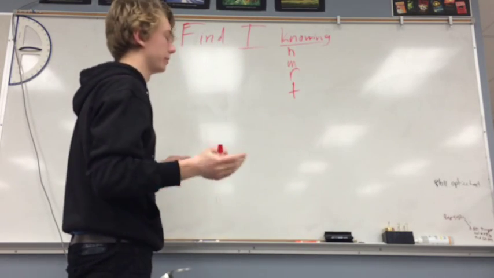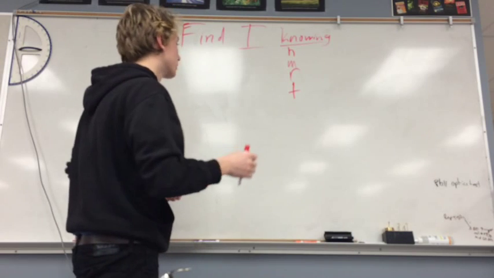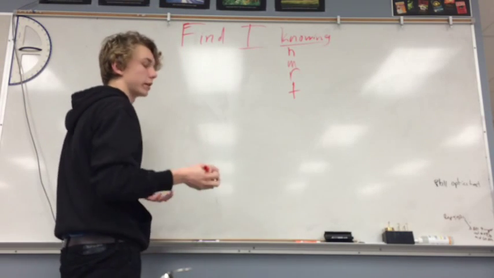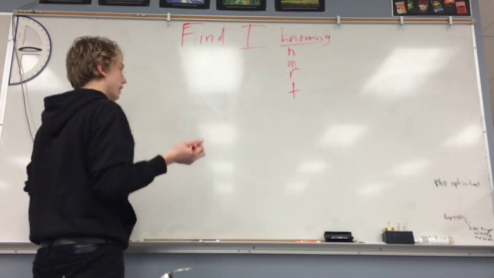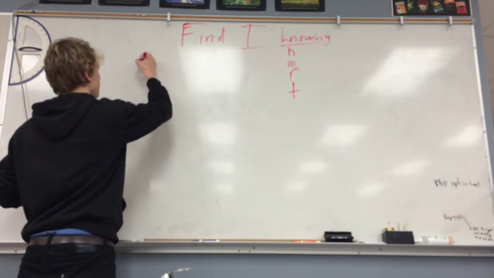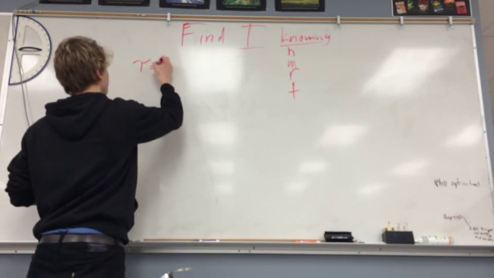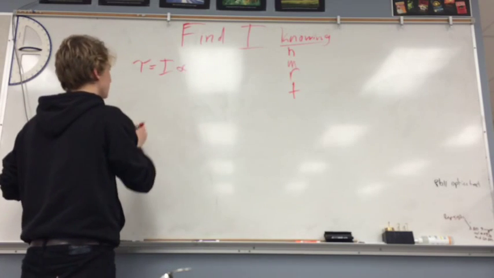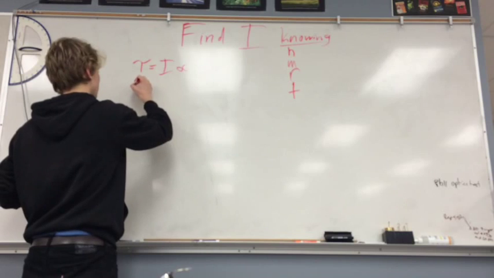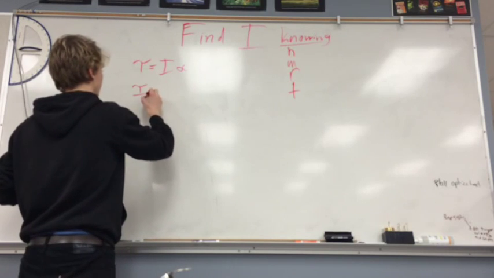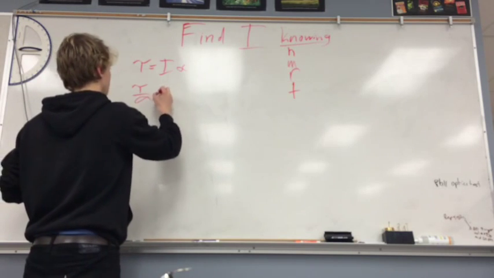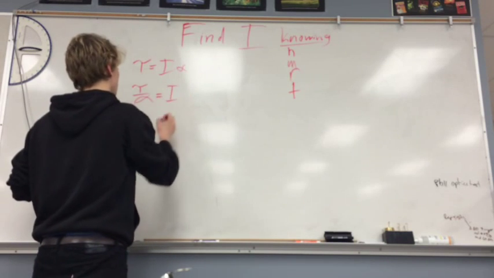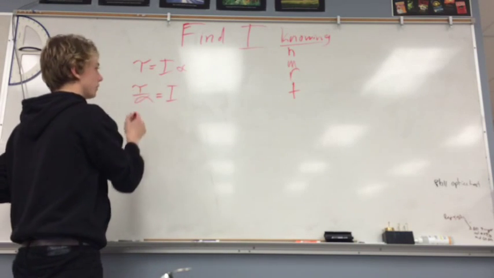And I'll repeat it one more time. We're trying to find I. So we're going to start off with normal torque equals moment of inertia times angular acceleration. And I'm going to rearrange this to solve for I. So you put torque over angular acceleration is going to equal I. We're going to have to solve for torque now.